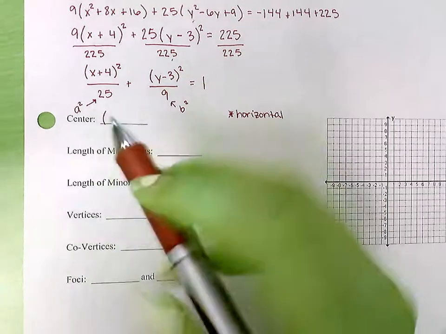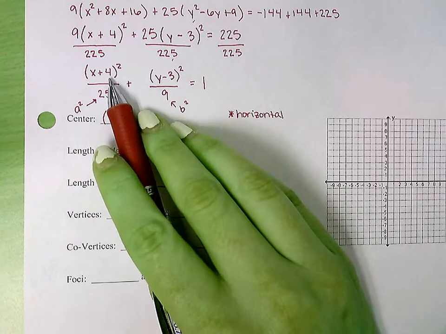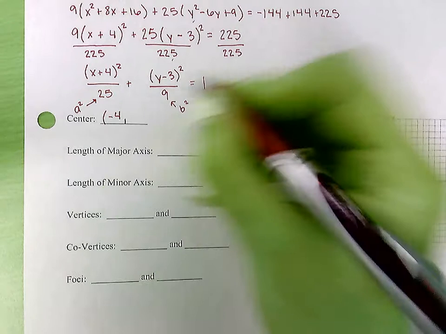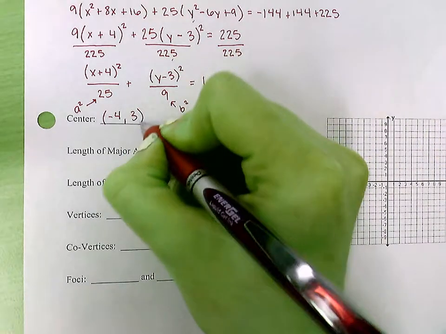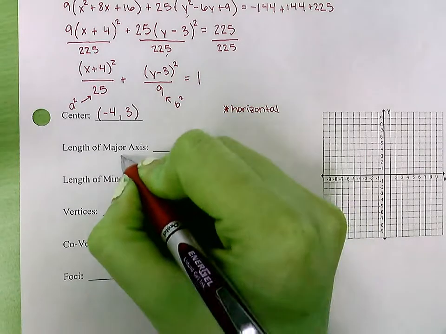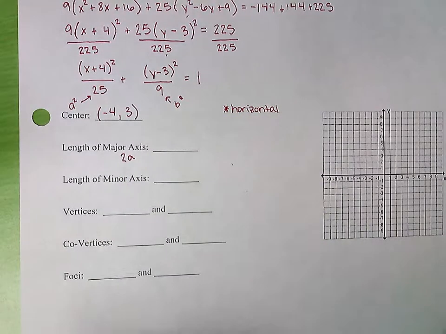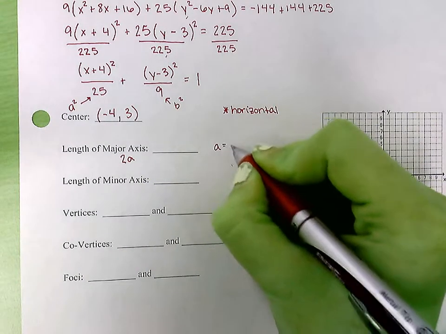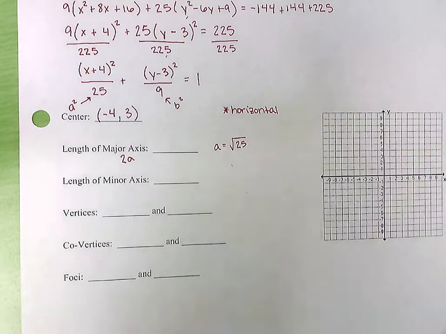So my center is at (h, k). h is always with x. So that's (-4, 3). To find your major axis, you need to take 2 times a, meaning I need to find my a value. So a would be equal to the square root of 25.